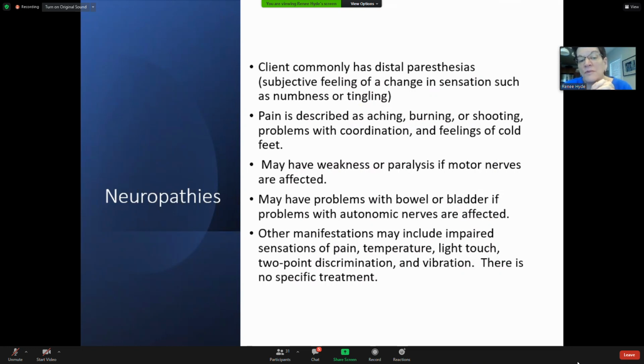With these neuropathies, there's no specific treatment. Now, a lot of patients use pregabalin or gabapentin, like Lyrica, or those types of meds to help control the pain. But those medicines do not treat the neuropathy.